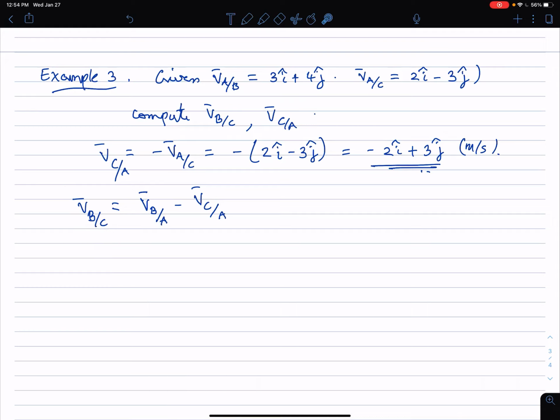So what do we know? We know VA with respect to B. So this thing is basically minus VA with respect to B. And then we do know now VC with respect to A, which is this thing. So this is minus of VC with respect to A, and I guess we know what it is.